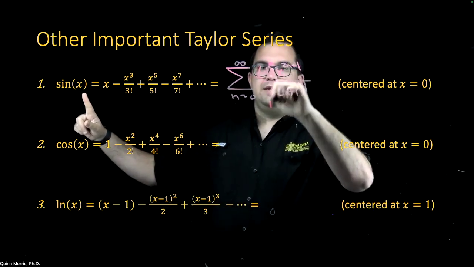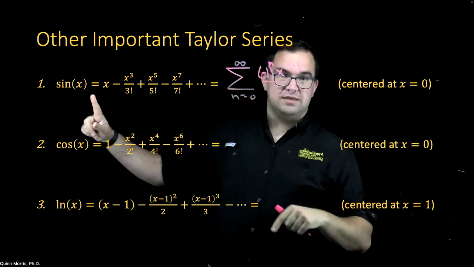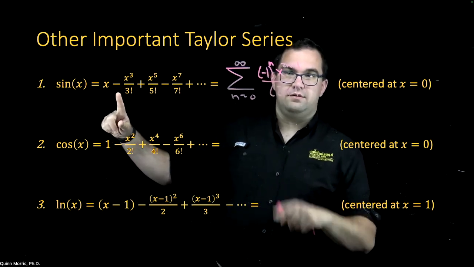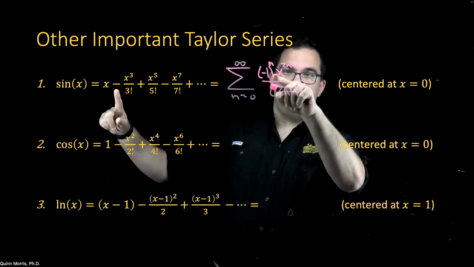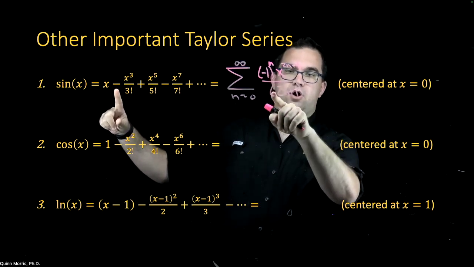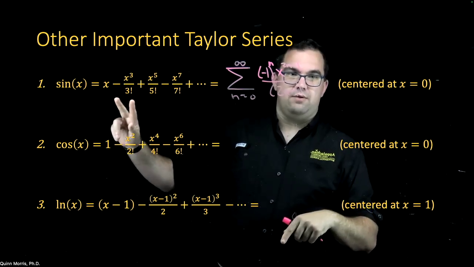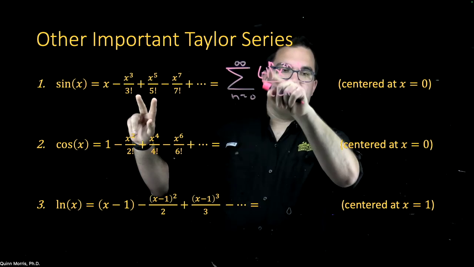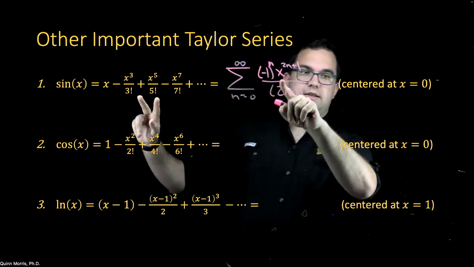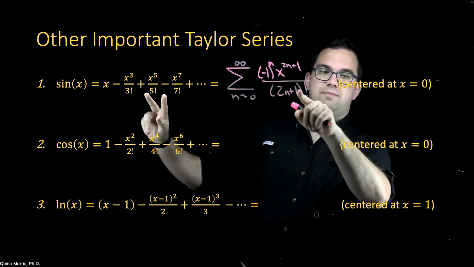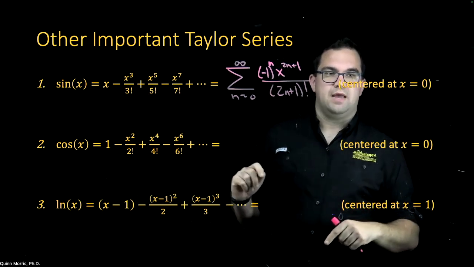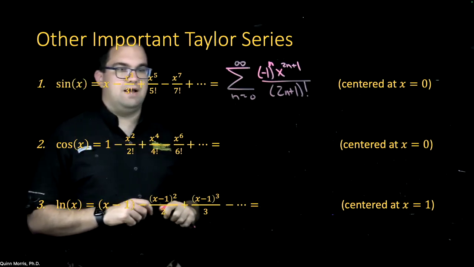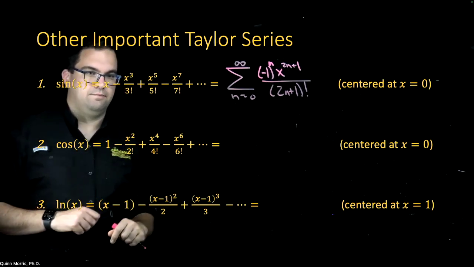If I put an n here, negative 1 to the 0 is positive 1, so that'll work. When n is equal to 1, this will give me a negative x cubed over 3 factorial, which is what I want. When n is 2, negative 1 squared is positive 1, x to the 5th divided by 5 factorial. That's what I want. And so here I have the Taylor series for sine of x centered at x equals 0.